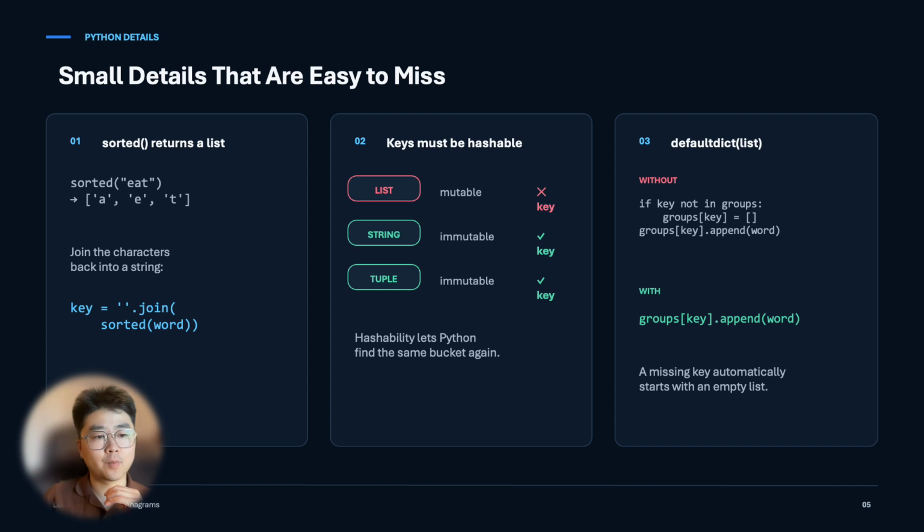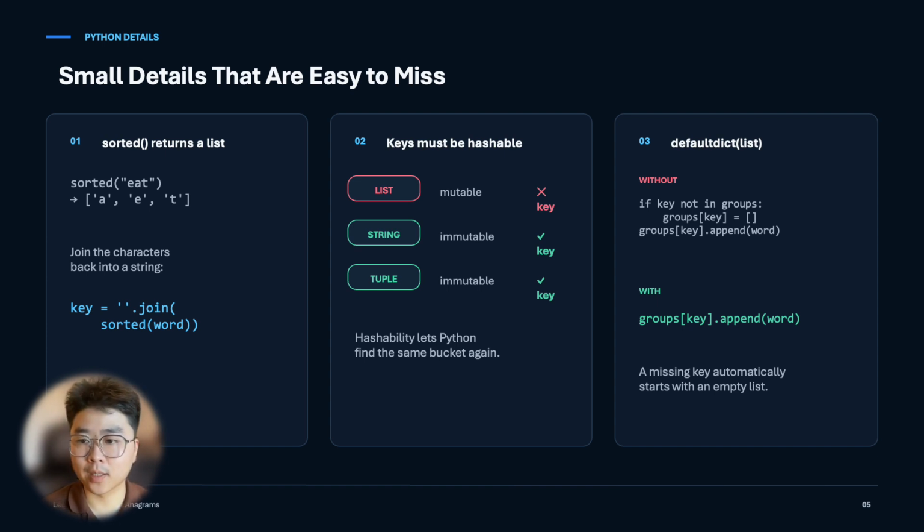After talking about the core ideas, here are some Python details we need to understand. The first is sorted. It gives us a list of characters, so we use join to turn that list back into a string. The second is the dictionary key. It has to be hashable, which means it should not change.